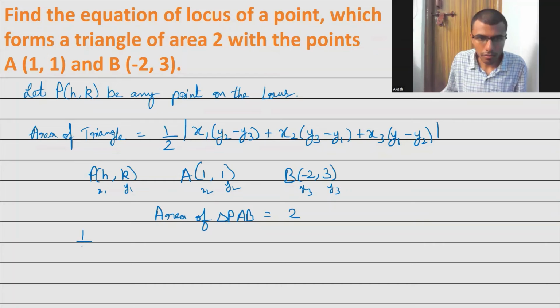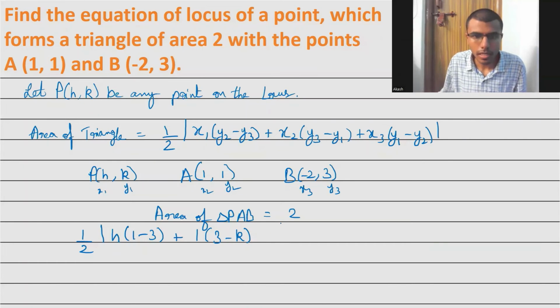So I have half modulus, my x1 is h into 1 minus 3, plus my x2 is 1 into 3 minus k, plus minus 2 into k minus 1, nothing but equal to 2.